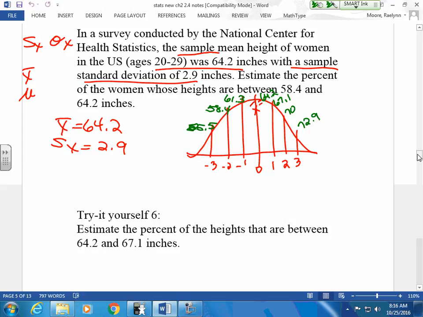Now, yours had all percentages in here. We're just going to use your empirical rule. We want to know what percentage went between 58.4, here's my 58.4, and here's my 64.2. I want to know the percentage of this.